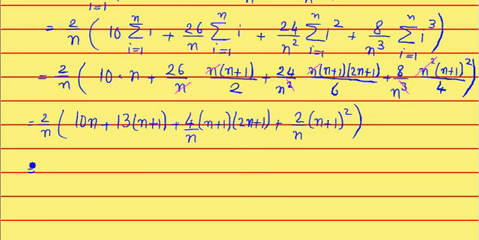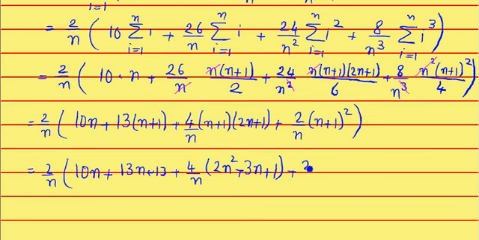You can do a variety of things here. One of them would be to just open up the parentheses and see what you get. So we'll have 2 over n, 10n. This is the 13n plus 13. This is 4 over n times 2n squared, n and another 2n makes 3n. 1 times 1 is 1. 2 over n, n squared plus 2n plus 1.